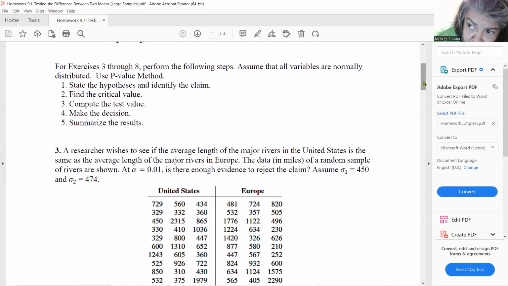First of all, when we're doing 2 groups or 2 populations, we always use the p-value approach, not because we can't use the other, but because we are using the calculator. It's a lot of calculations when you're doing 2 samples. It's even more than when you're doing a single sample. And she wants to cut down on some of that.